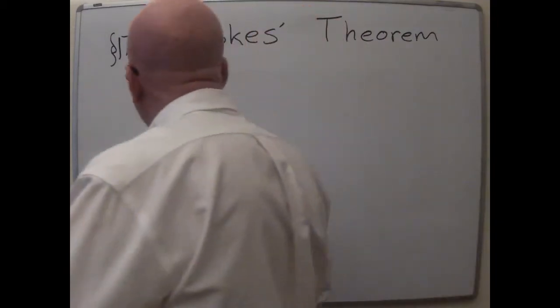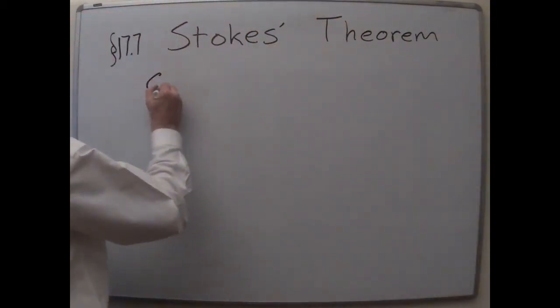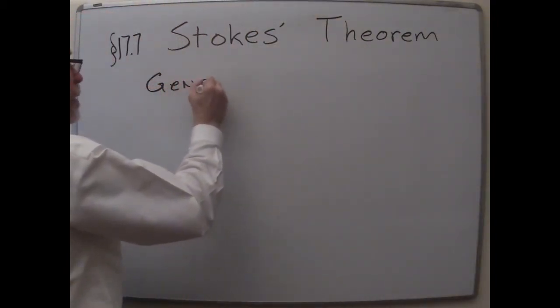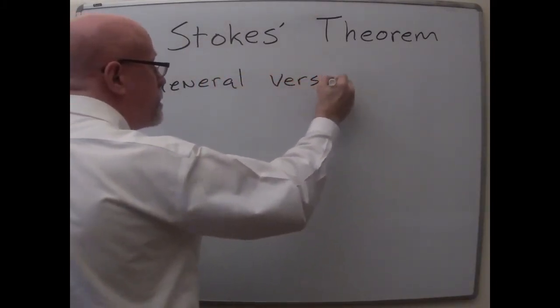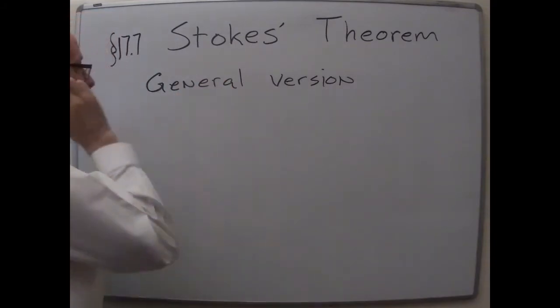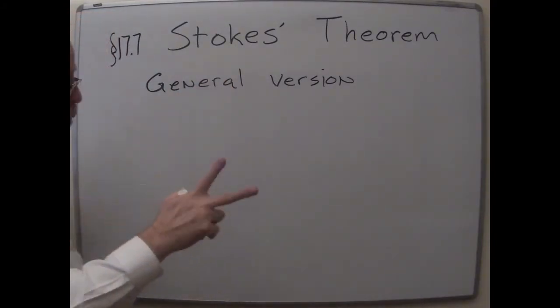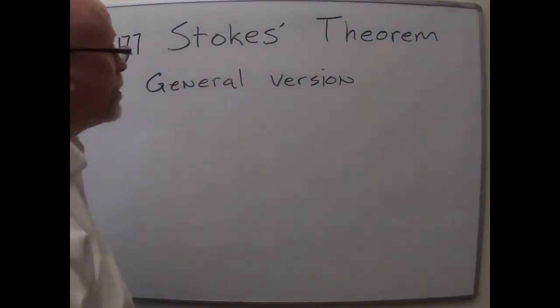basically it's a generalization. It's the general case or general version of Green's theorem. Well, that's not quite fair, because remember how there were two different versions of Green's theorem?